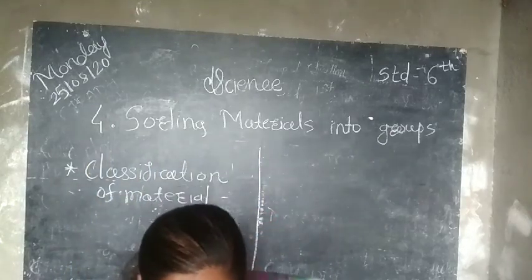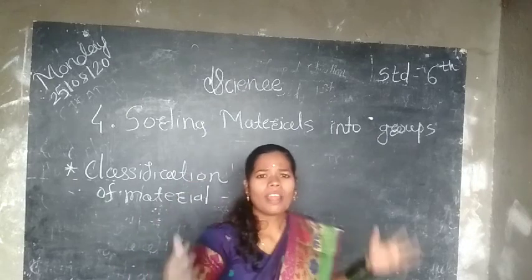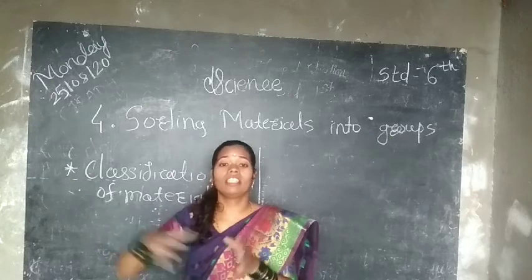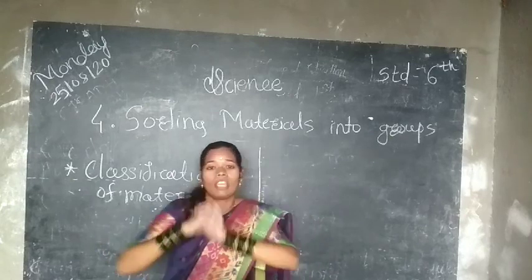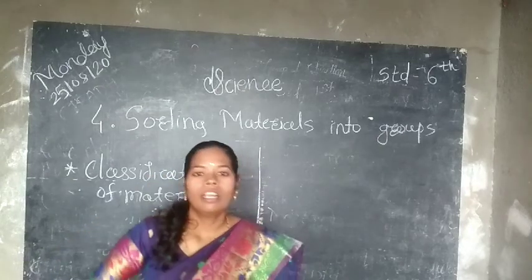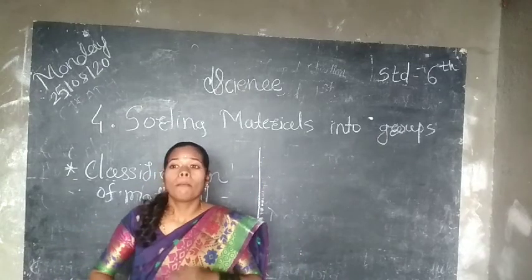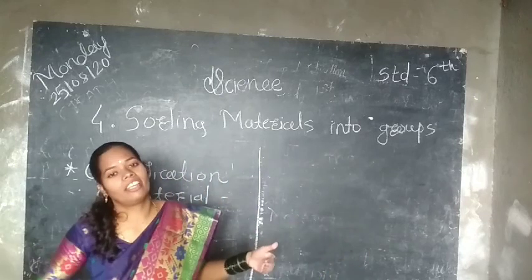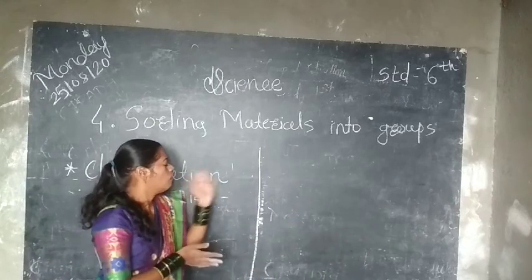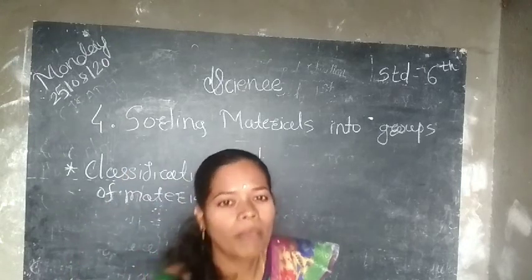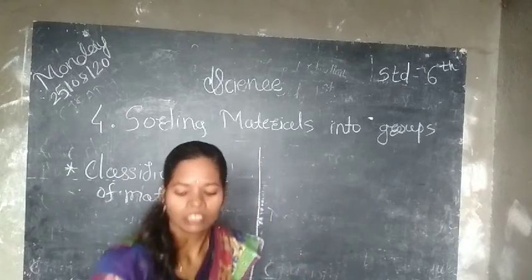So these two things are different. It indicates there are various criteria to classify things. By the shape you identify, you classify them by their color, by their properties, by their shape. Every criterion is important for the classification of matter. What is meant by matter? Anyone?